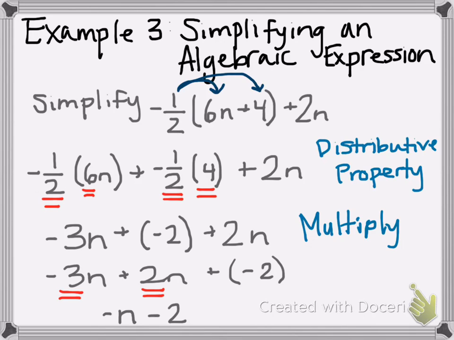Can I do anything with that? You could write it like this, negative n plus negative 2. That is also okay. Does that make sense? For my notes, I will write simplify because that was the step that I did.